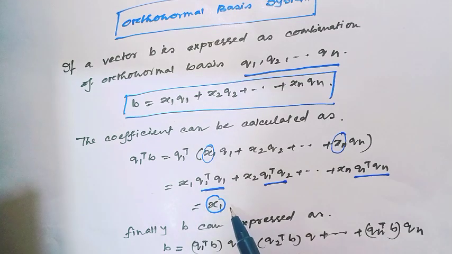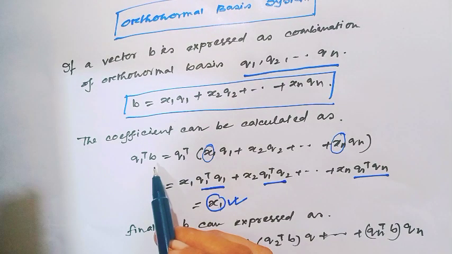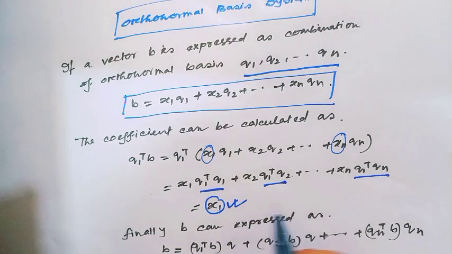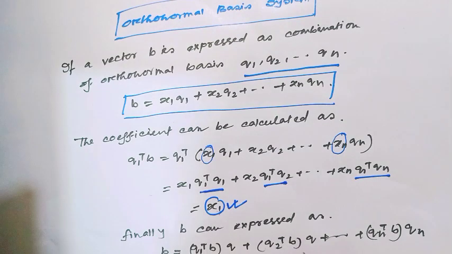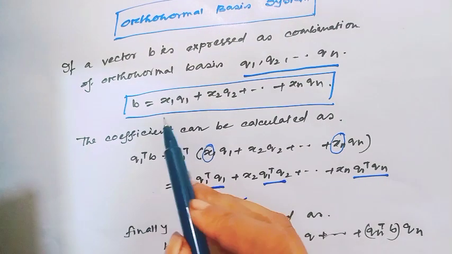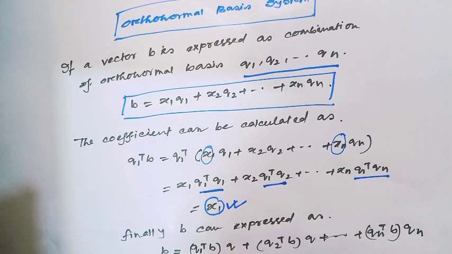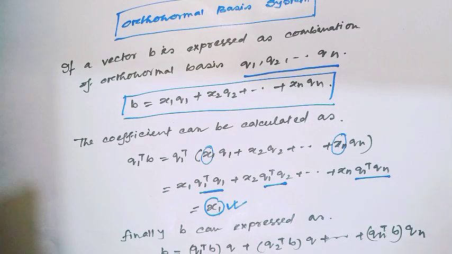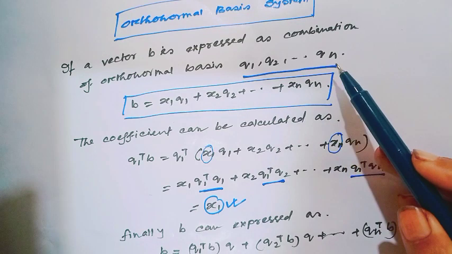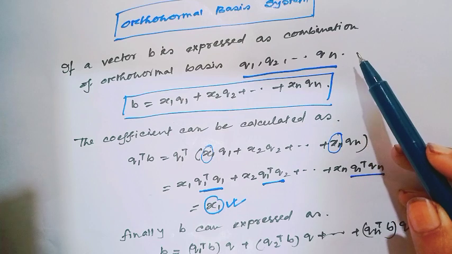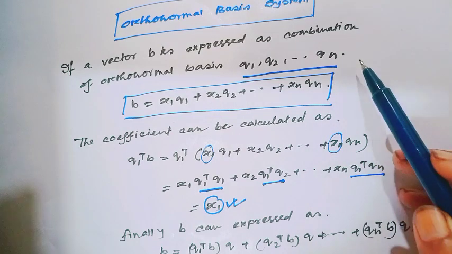That means the scalar x1 is q1 transpose b. Similarly, the scalar x2 would be q2 transpose b. So the vector b can be expressed as q1 transpose b times q1, plus q2 transpose b times q2, up to qn transpose b times qn. This means the coefficient associated with each basis vector equals the projection of the main vector on that basis vector.